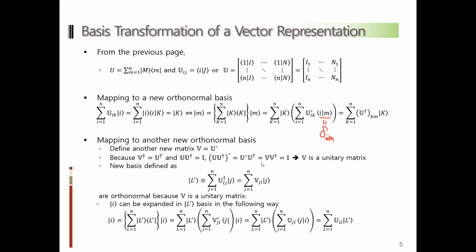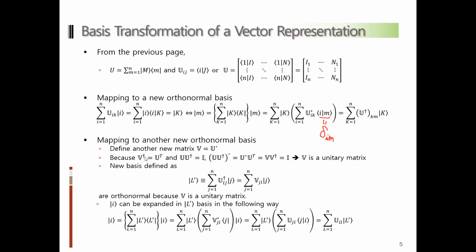should become identity. And the proof is the following: because the V dagger is the same as the transpose of the original unitary matrix, because V was defined as the complex conjugation of the unitary matrix.